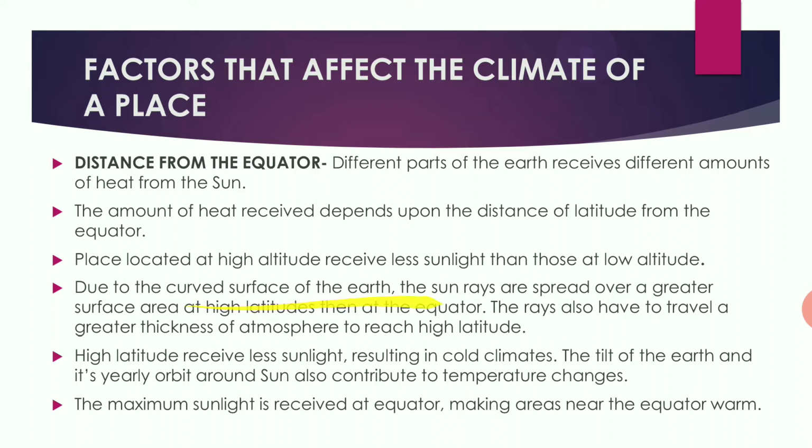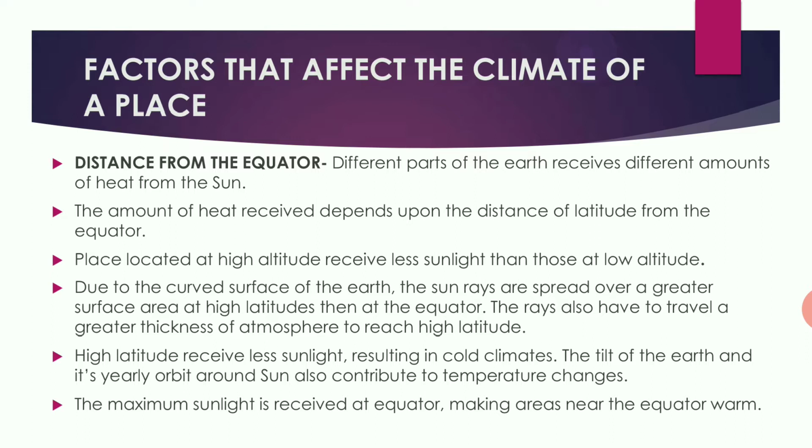Due to the curved surface of the earth, the sun's rays spread over a greater surface area at high latitudes than at the equator. The rays also have to travel through a greater thickness of atmosphere to reach high latitudes. Okay, on the plain the air is thick, but at high altitudes the air is thin.